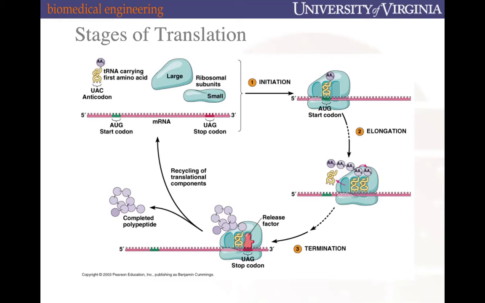It'll be shuttled out to the cytoplasm, and it will engage with the small subunit of a ribosome. Once that happens, the large subunit will come in and the first transfer RNA, tRNA, comes in at the start codon to help initiate translation.